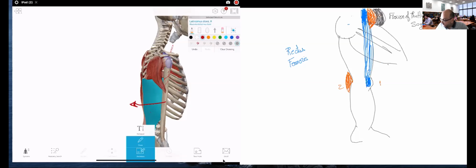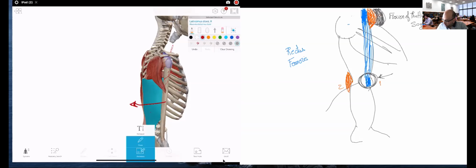Exactly. If we're looking here at the same muscle, rectus femoris, where does it travel? In front or behind my knee joint? See on here, it travels in front of the knee joint.